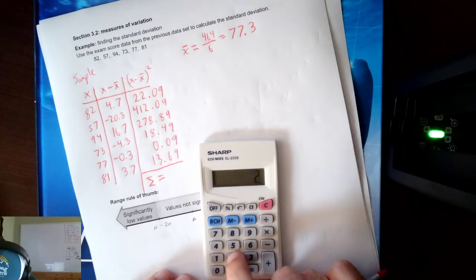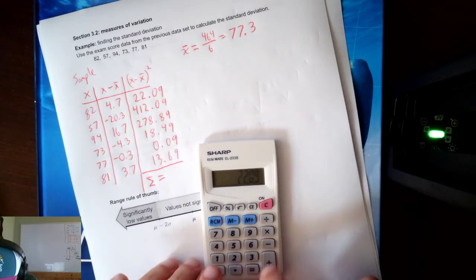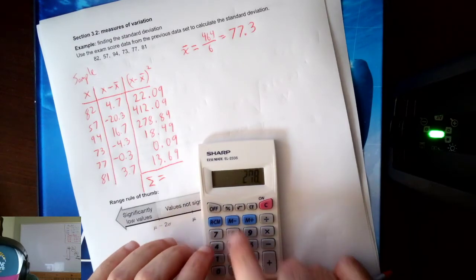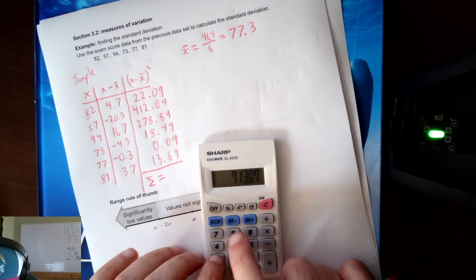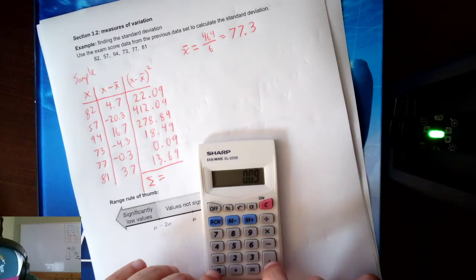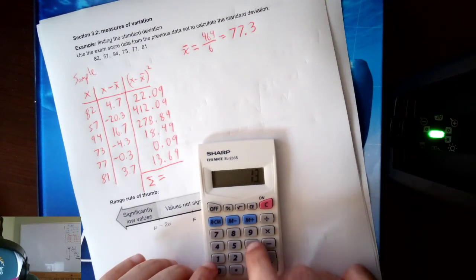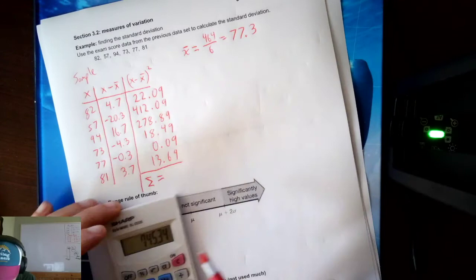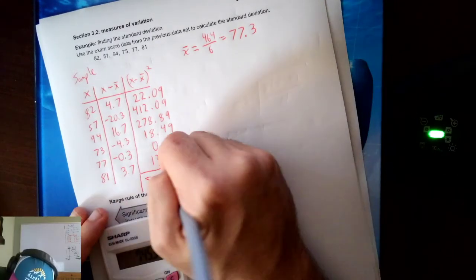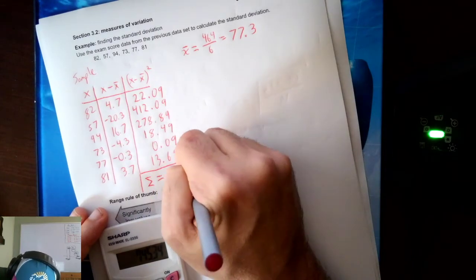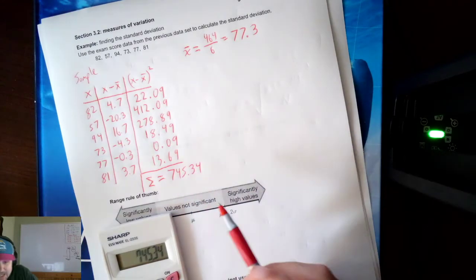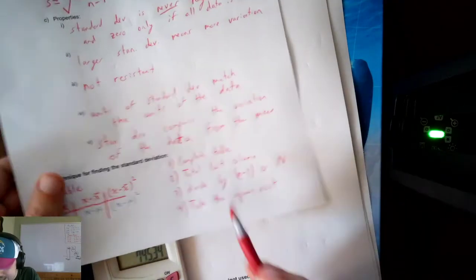Well, 22.09 plus 412.09 plus 278.89 plus 18.49 plus 0.09 plus 13.69 is equal to 745.34. That is the total of the last column, right? I totaled the last column.